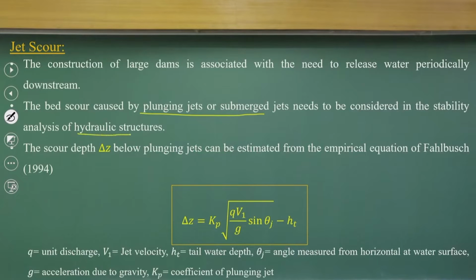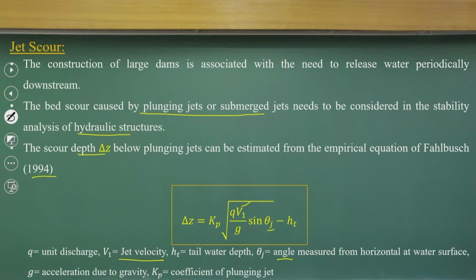If you look at Phelps 1994, he established the relations of the scour depth with the jet velocity, and theta j stands for the jet angle, measured from the horizontal at the water surface.